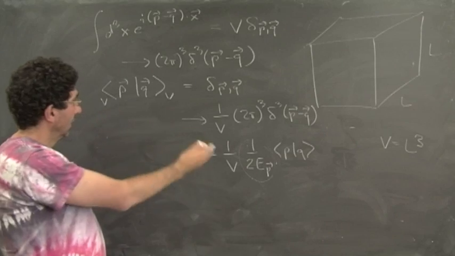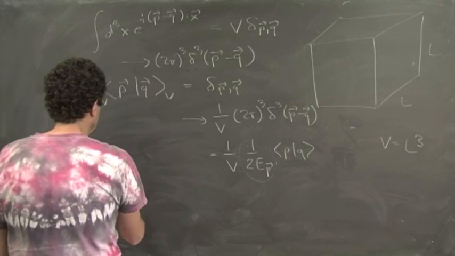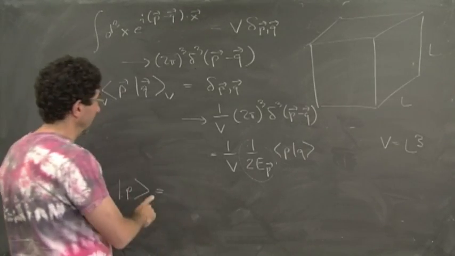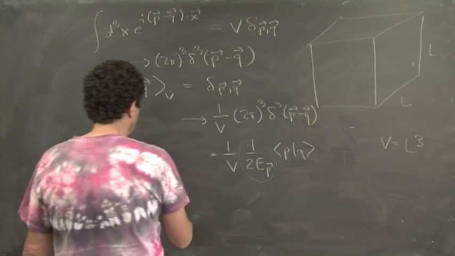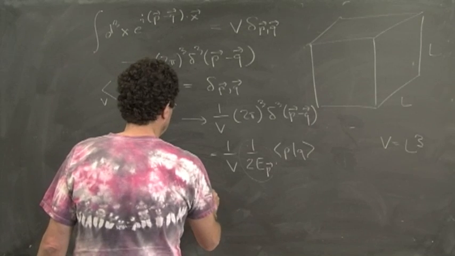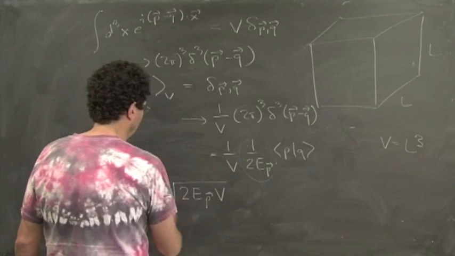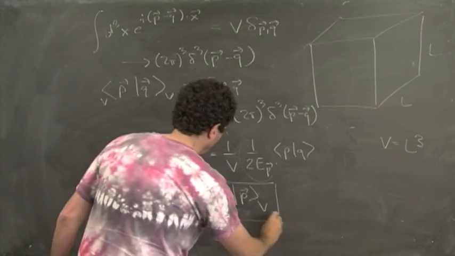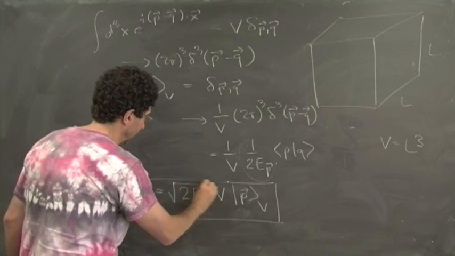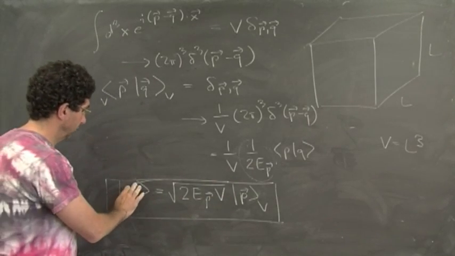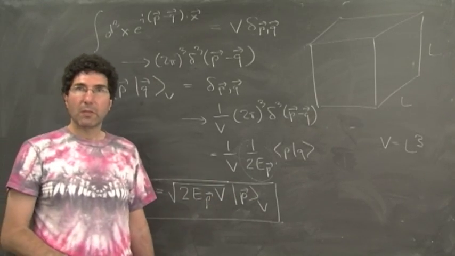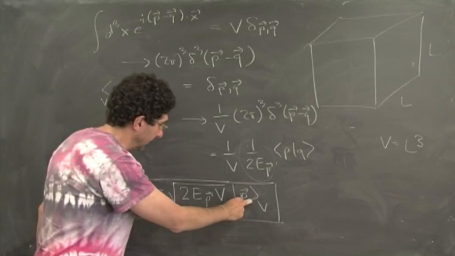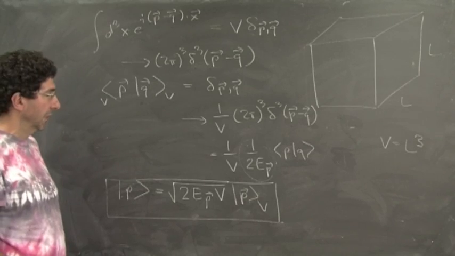So there's a factor of the square root of 2E_p times the volume between these states. This is the basic formula that connects the relativistically normalized states to these discretely normalized states.